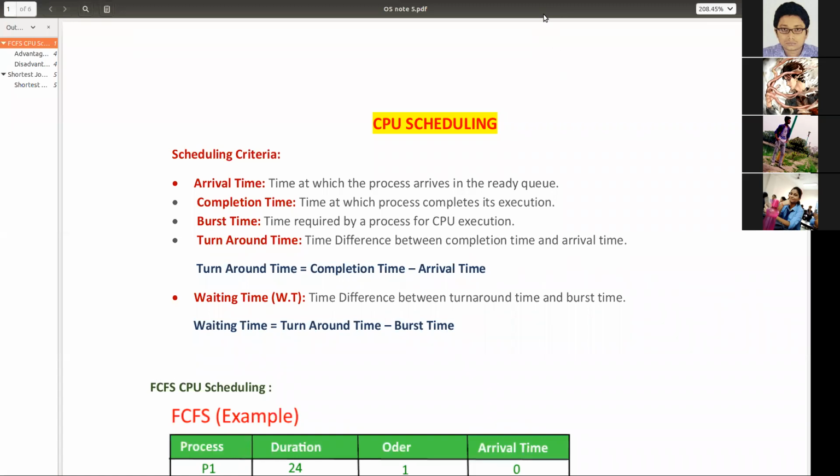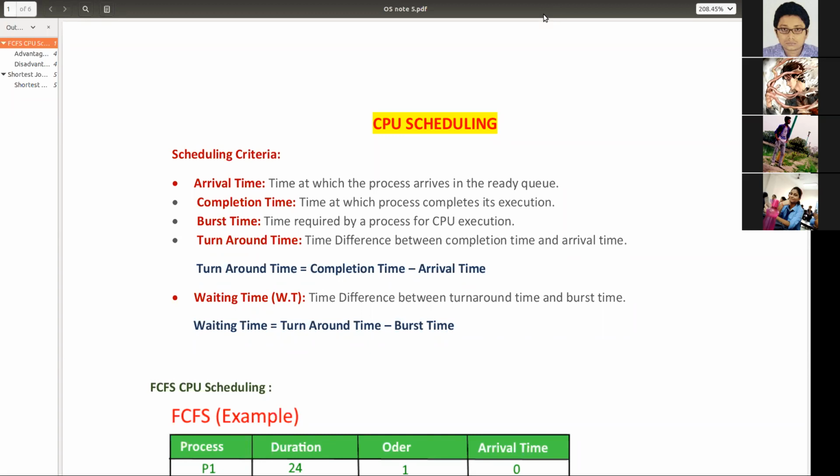Next is the completion time. Obviously, completion time means the time at which the process completes its execution. When the process completes execution, that time is basically known as completion time. Next is burst time. I have always told you that burst time is also known as service time.